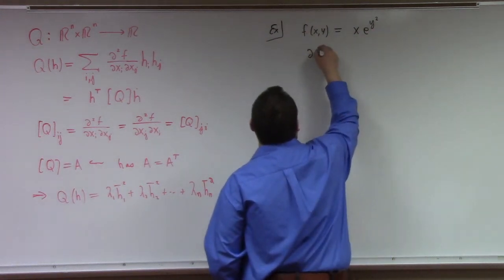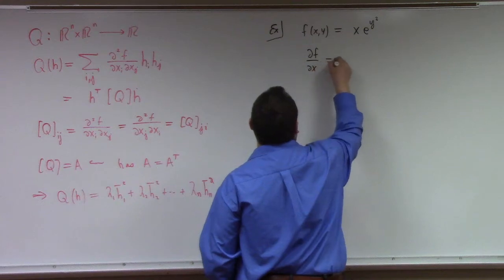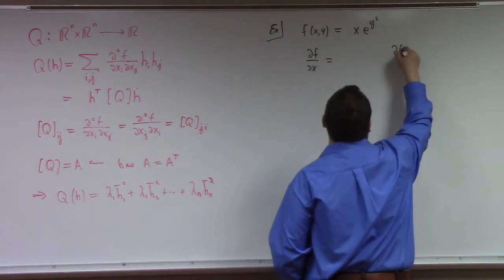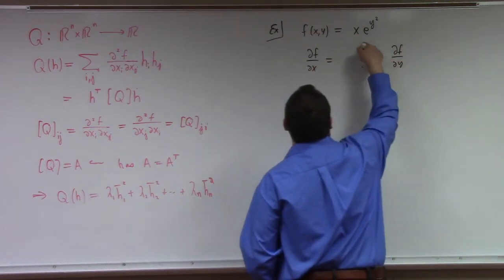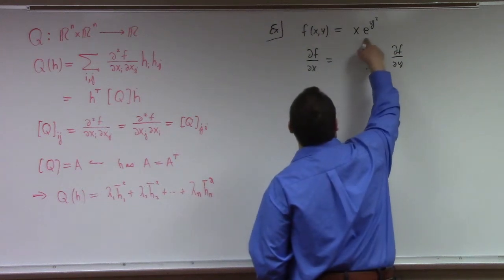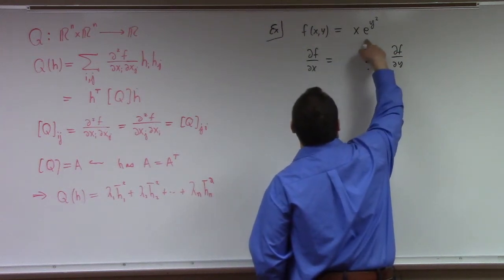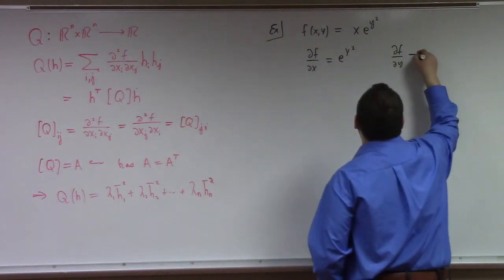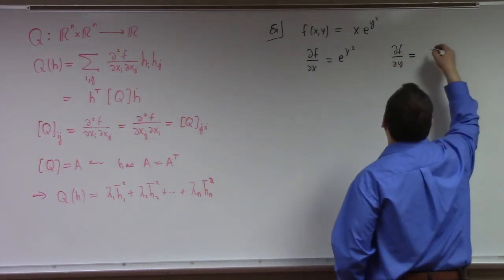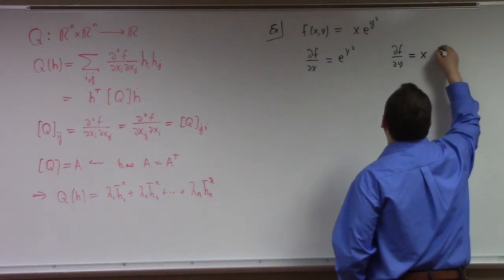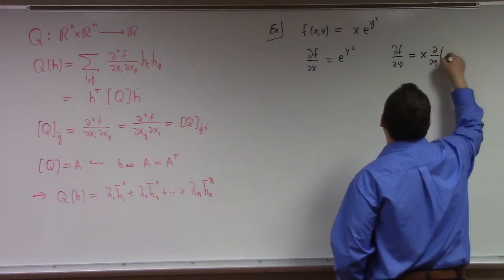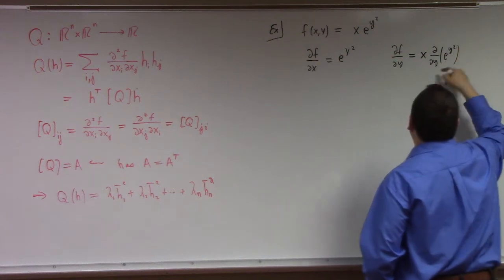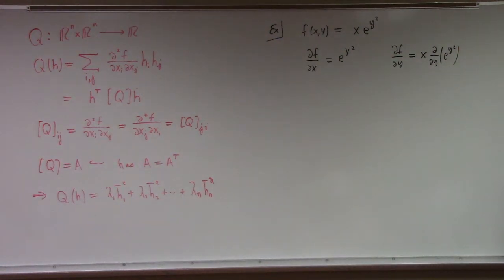Then we can calculate what partial f partial x is equal to. What's partial f partial y equal to? The way partial differentiation works is we just differentiate in x holding y fixed, so this is just e to the y squared. And this one treats x as a constant, so we get x times the partial y of e to the y squared, and the y partial derivative is just like an ordinary derivative, for those of you who have not had Calc 3.